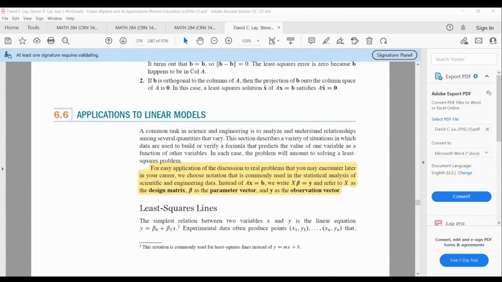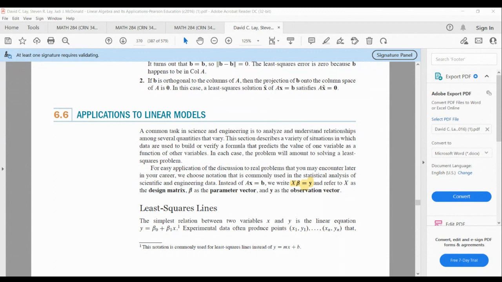That's the Greek symbol beta. The matrix X, that contains your design, is called your design matrix, times the vector beta, which is your parameter vector, will equal the vector y, which is the observation vector in the model.